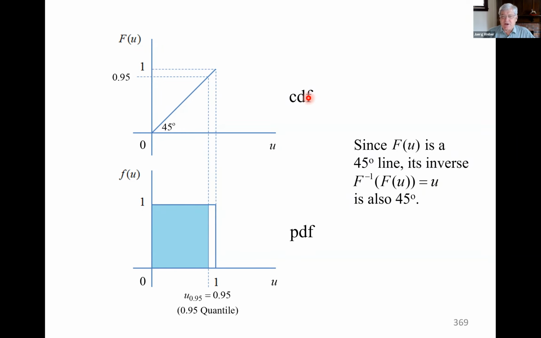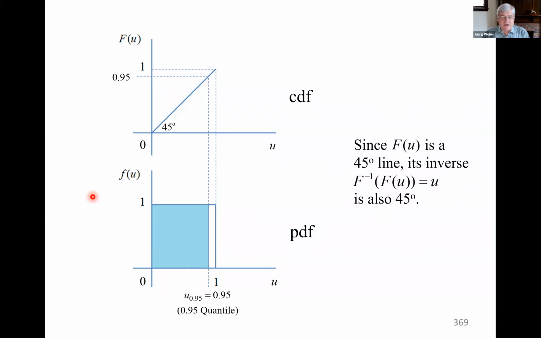You see, if you go from top to below, you take the differential. You differentiate. Now here, the rate of change is naturally 1. So you have here the 1. It's a 45-degree line. And if you go from below to the top, then you integrate. And if you integrate beneath this constant, you just get the 45-degree line.